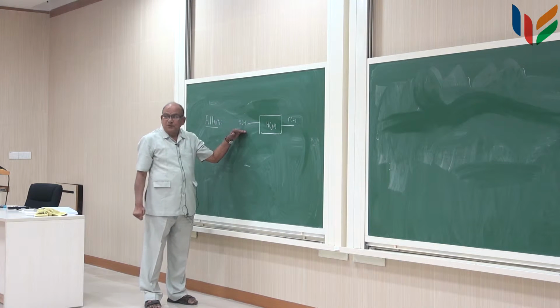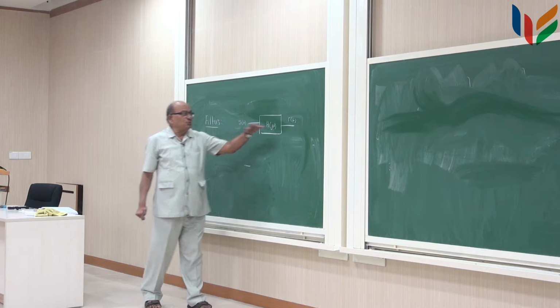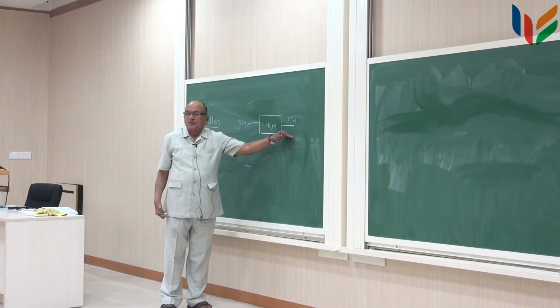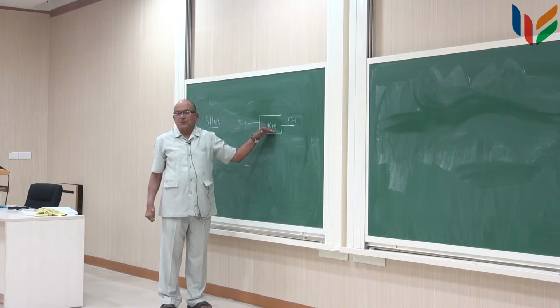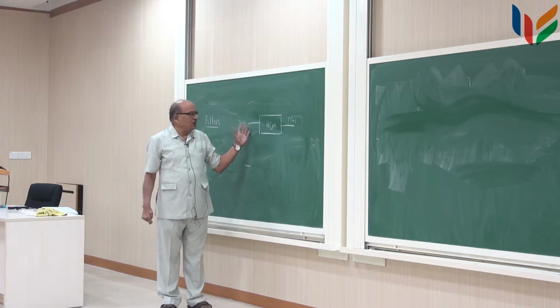I want to modify the spectrum of this to a new desirable spectrum by passing it through a transfer function or impulse response, which will do something to the spectrum.